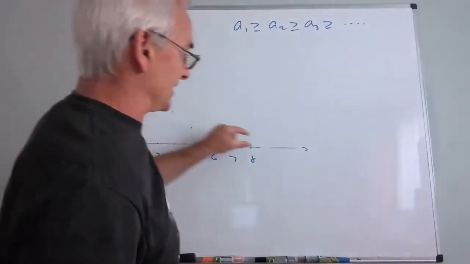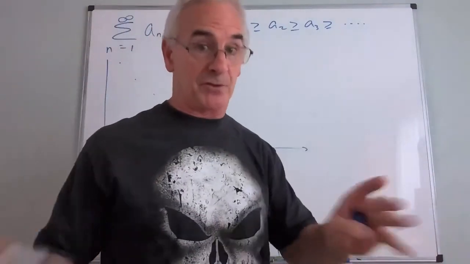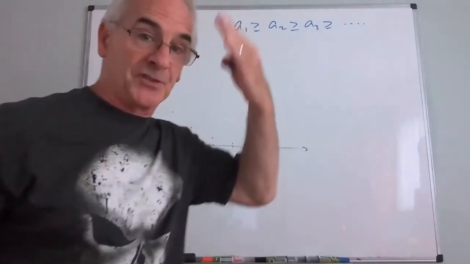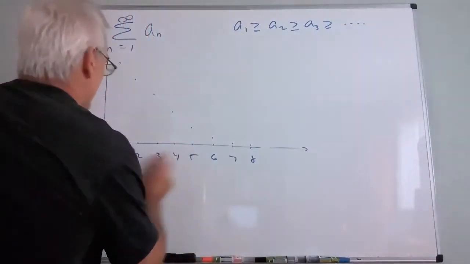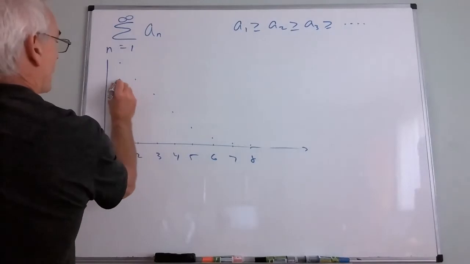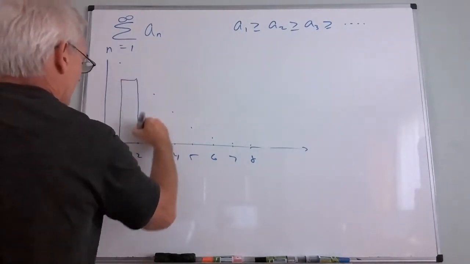So we're going to approach the x-axis. But remember, the harmonic series also had the same behavior. So that wasn't enough. Just simply approaching the x-axis isn't enough, but it's a starting point. So I want to make rectangles here, okay? I want to make rectangles of my heights, and I want to do it like this.